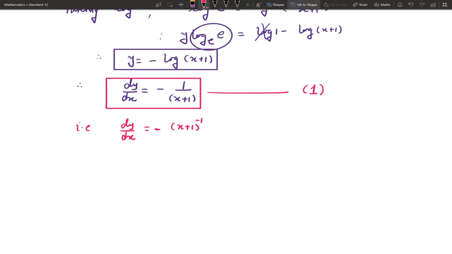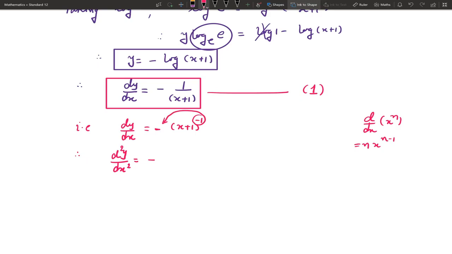Now again differentiating with respect to x, therefore d2y by dx2. This is minus, first use the formula d by dx of x raised to n is n x raised to n minus 1. So this minus 1 will be in the multiplication.